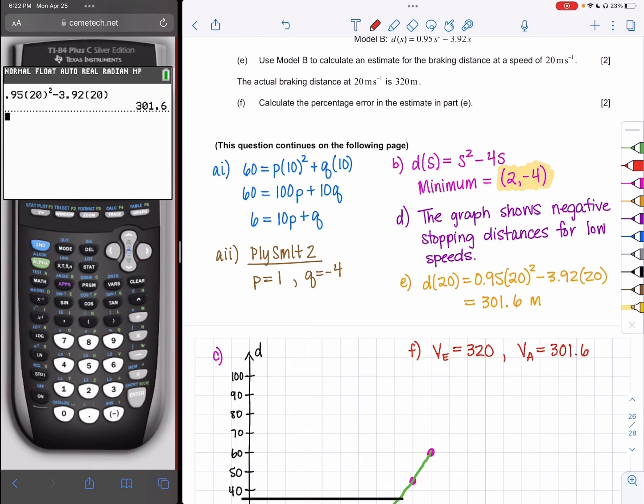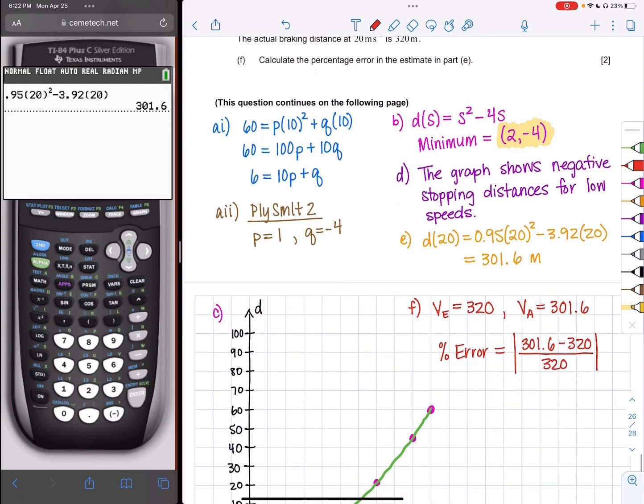So if we use our percent error formula, this will be equal to the absolute value of your approximate, which is 301.6, minus the exact, which is 320, divided by the exact, which is 320, and then we're going to multiply that by 100.